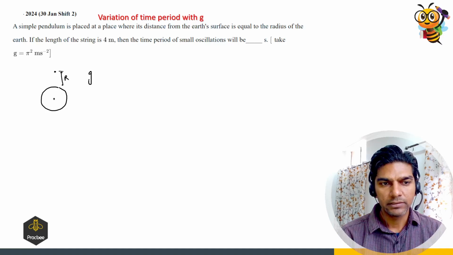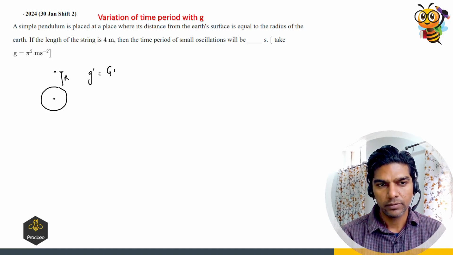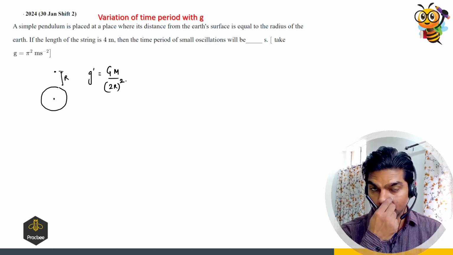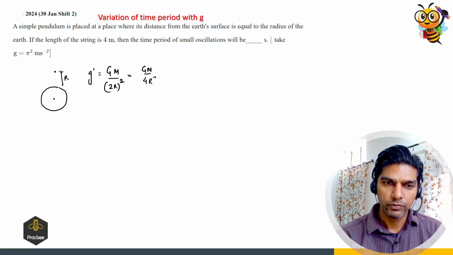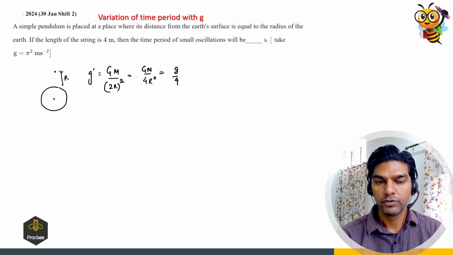The acceleration due to gravity is GM divided by (2R) square, where 2R is the distance from the center of the Earth. This is GM divided by 4R square, which is nothing but g by 4, where g is the acceleration due to gravity on the surface of the Earth.